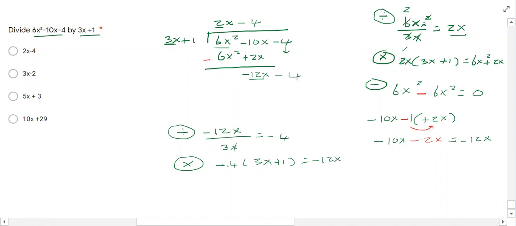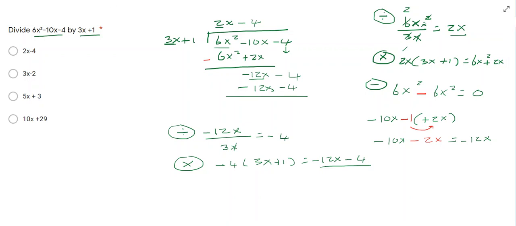And then you have minus 4 multiplied by plus 1, that's going to be equal to minus 4. So this answer you put down underneath here, so it's going to be minus 12x minus 4. And then we are entering into the final subtraction phase.